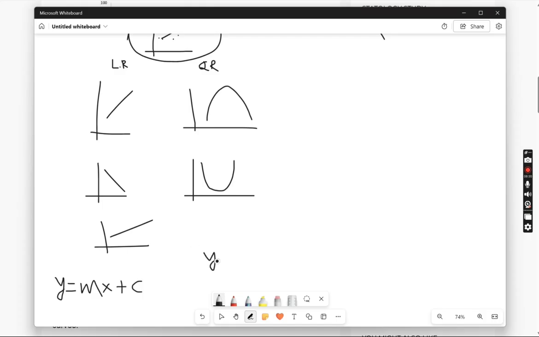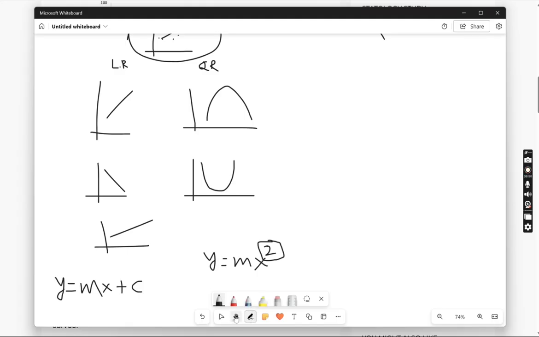Quadratic equation means y is equal to, ideally, some mx squared. This square term indicates quadratic. Let me write the general equation.